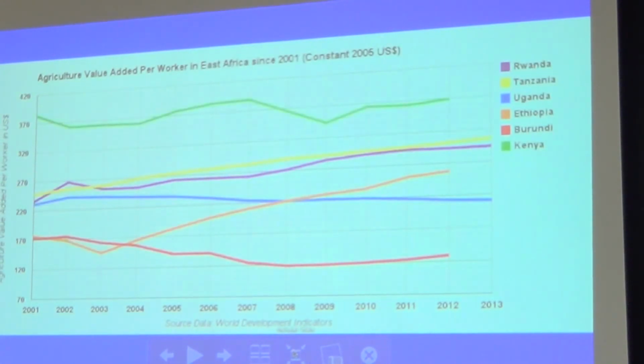But if we compare that within the East African region, suddenly Kenya starts doing well. The rest are below there. Curious about the trend with Tanzania, coming up but slowly. We don't know what that means. But as you can see, productivity of the actual worker in agriculture is fairly low compared to other economies.